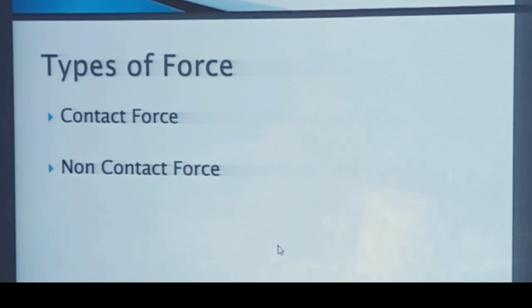So the reaction to the weight of the book, provided by the table, will be in the upward direction and of equal magnitude.